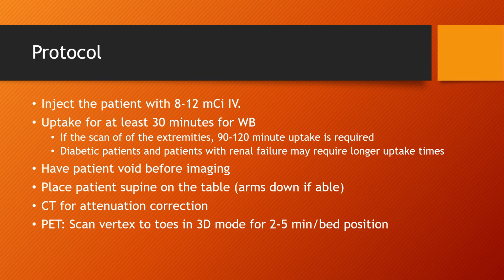You want to get their entire body. This is typically done in 3D mode. This improves the sensitivity of the instrument, not of the radiopharmaceutical to find disease, but it improves the sensitivity of the PET scanner because you're getting more counts that way.